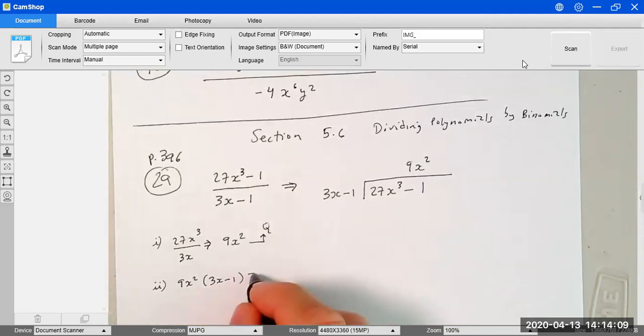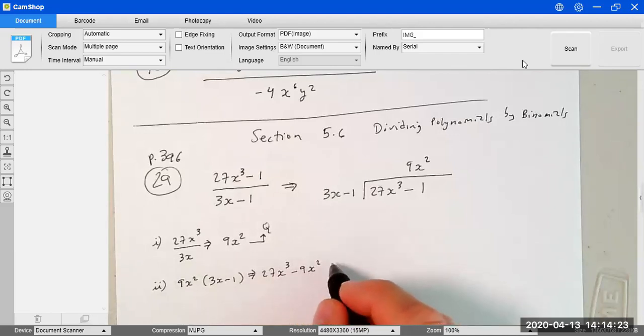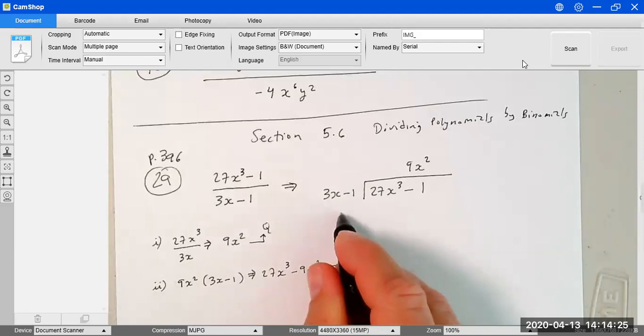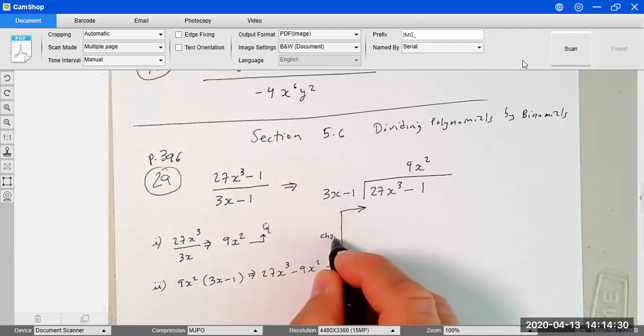So, and then I'm going to get 9 times 3 is going to be 27, x squared times x is going to be x to the cube, and finally negative 1 times this quantity is going to be just negative 9x squared. And then you're going to write this here with opposite sign. So you're going to change the sign.